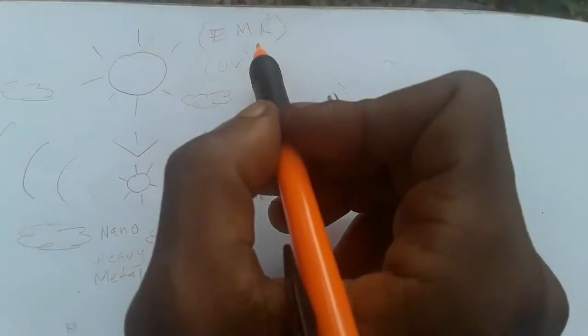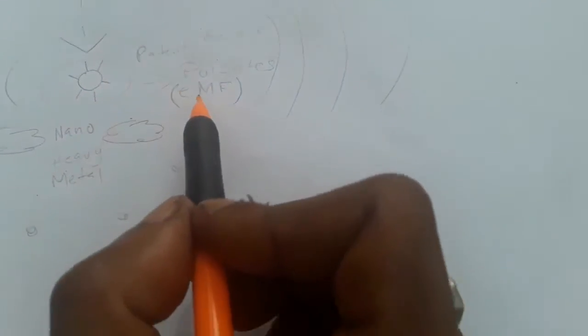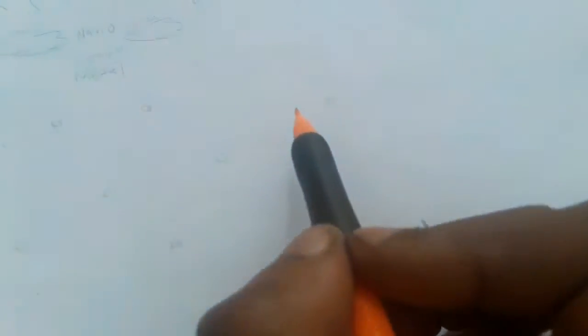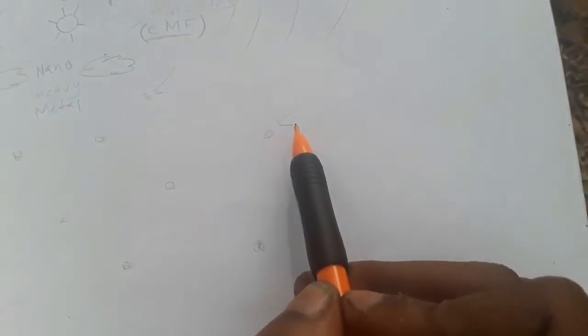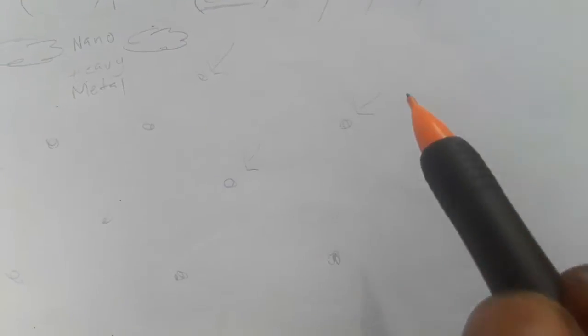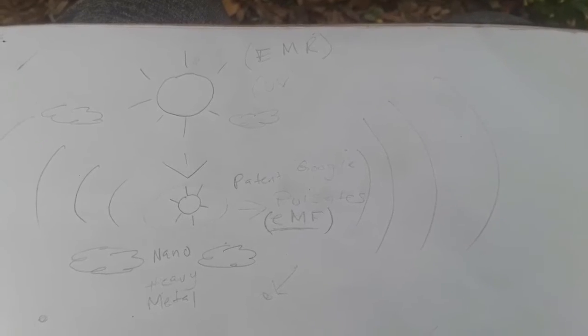Now, what the sun simulator will do with its electromagnetic frequencies is affect these heavy metals. But how does it affect these heavy metals? Why does it affect these heavy metals? It affects them because these heavy metals are conductive. And in order for a conductive being to be conductive, it needs electric.